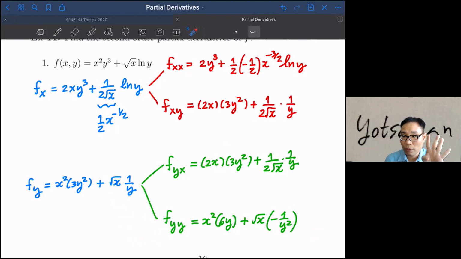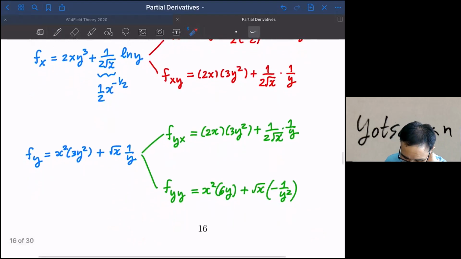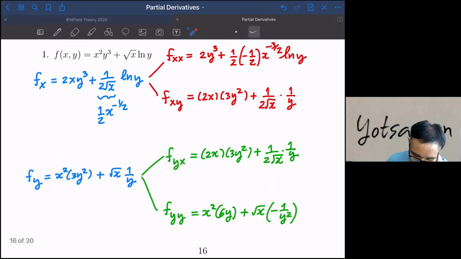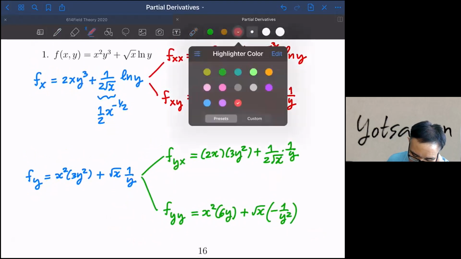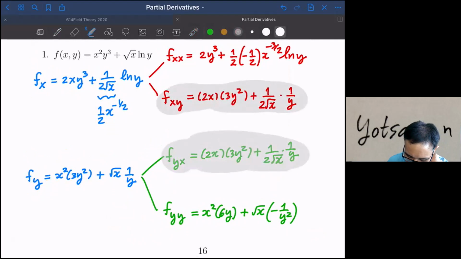So you're going to have 4 second order partial derivatives. The thing that I should mention here, that you can see, is that fxy and fyx are exactly the same. It turned out to be the same. Is it a coincidence or is it always true?